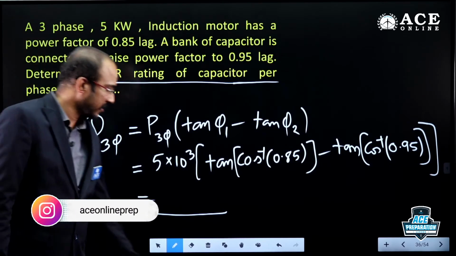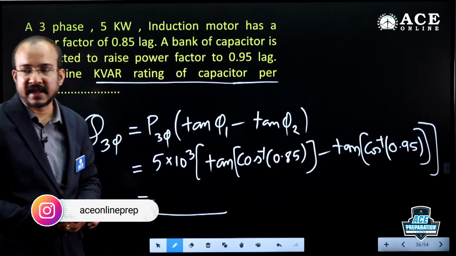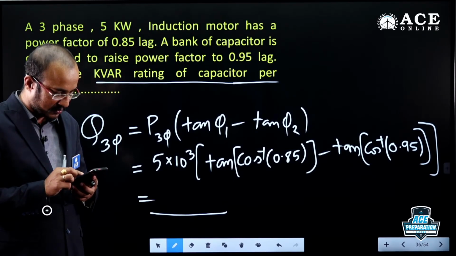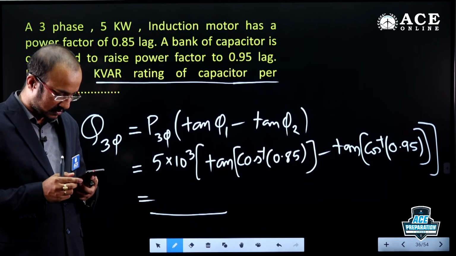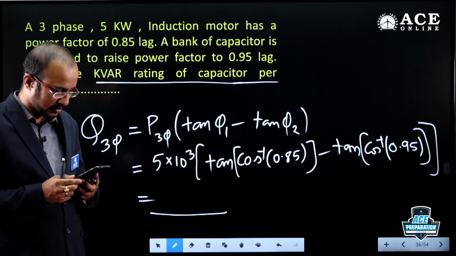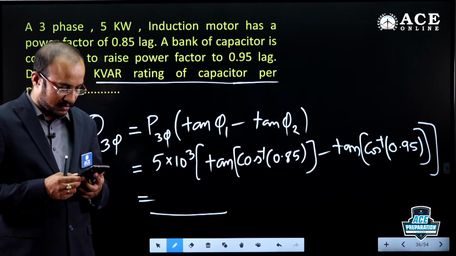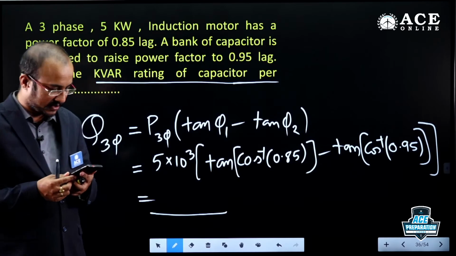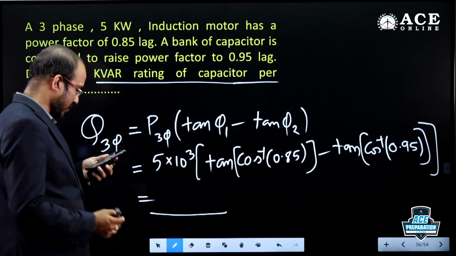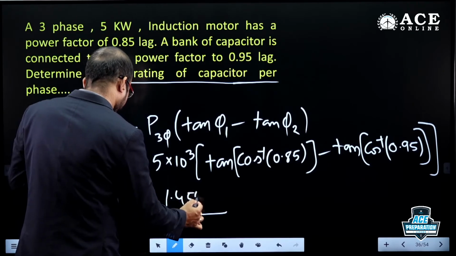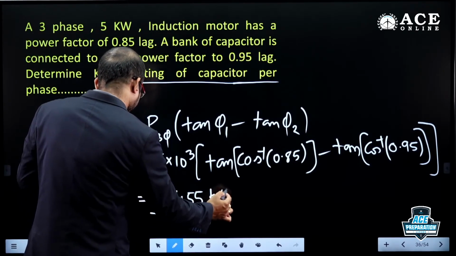Okay, done. Anyone calculated this one? Calculate and post the answer. How much do you get? 1.455 kVAR.